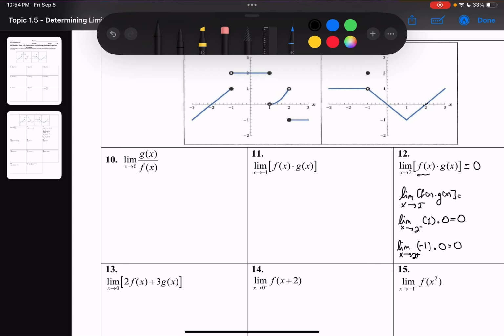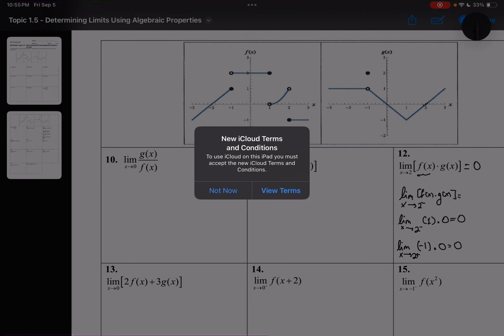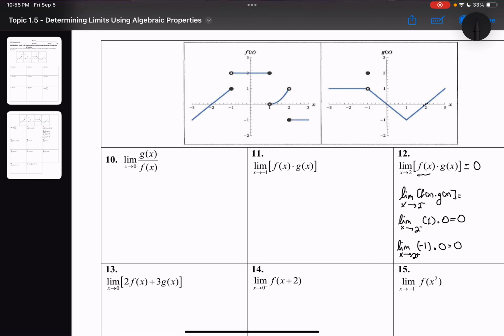We're going to jump to number 15. In number 15, it says we want to find limit as x tends to negative 1 f of x squared. So the first thing that you must think about is what happens when I do x squared, to the power of 2, at negative 1 minus. That means negative 1 minus is almost equivalent to saying negative 1.001, for example.